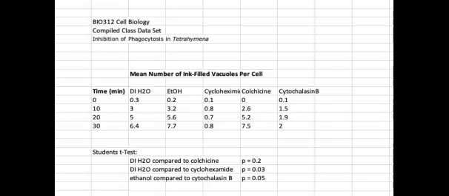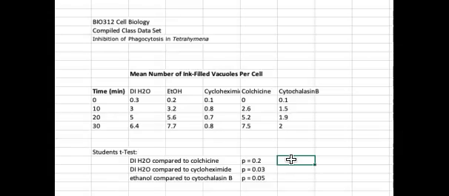And when we compared the control to cytochalasin B, the p-value came in at 0.05. Now, excuse me while I fix a spelling error right here. It's actually cycloheximide.